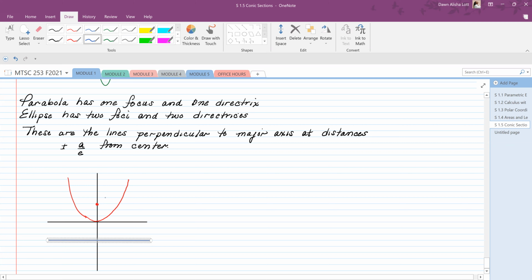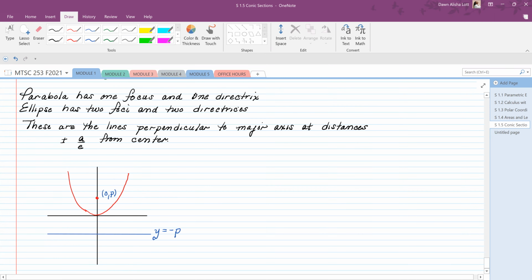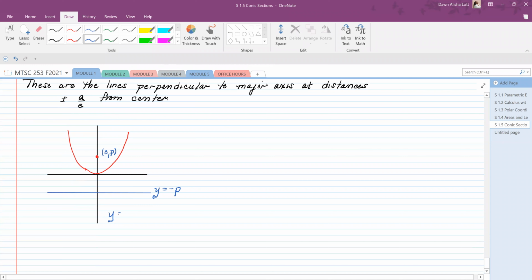So this was 0, p. And this was the line y is equal to negative p. And this was y is equal to x squared over 4p. Okay, so that was when we talked about the parabola.